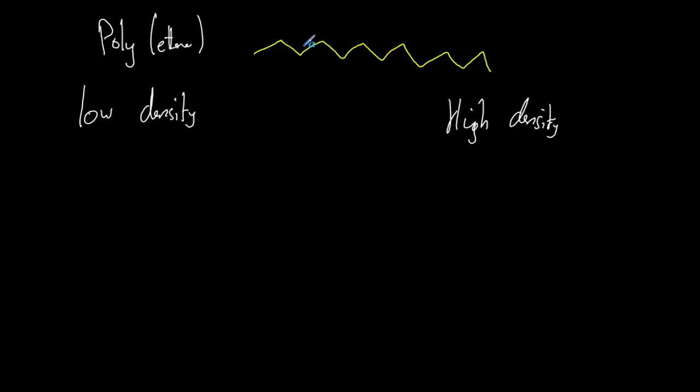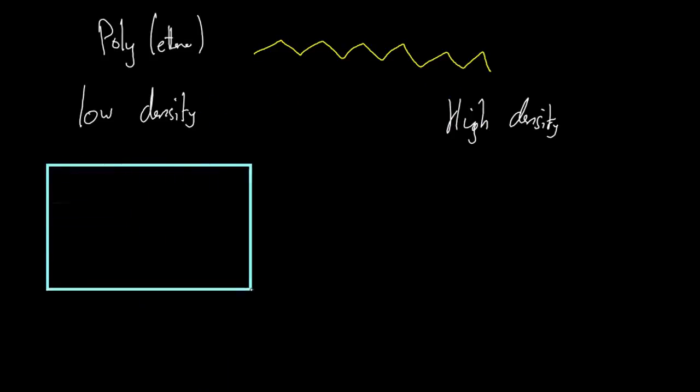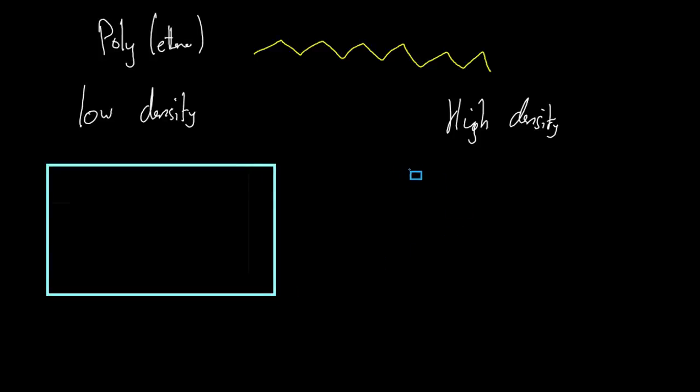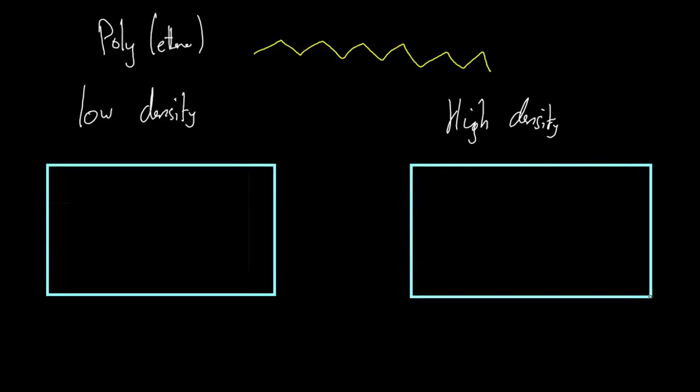Okay, so if one polyethene molecule looks like this, then what's the difference between high density and low density? So low density and high density polyethene. Well, to demonstrate, I'm going to draw a box for each one. So let's pretend that these boxes are exactly the same size. They're pretty close. In low density polyethene, we have branching occurring.